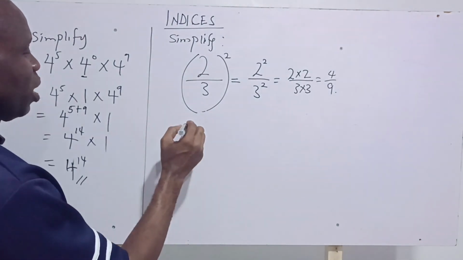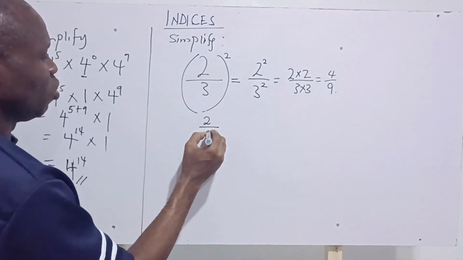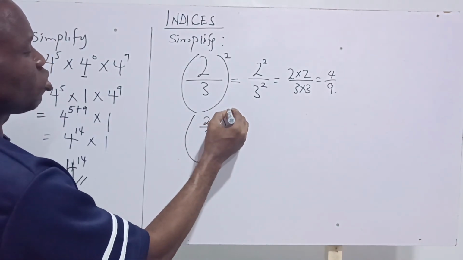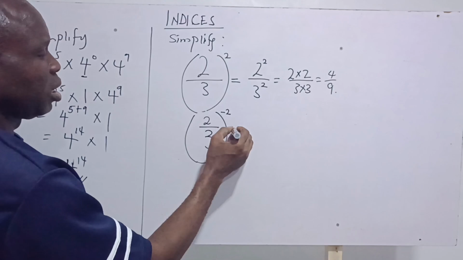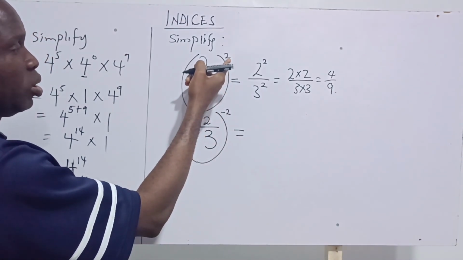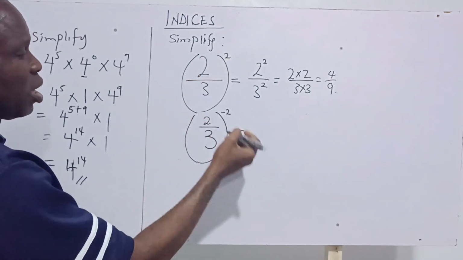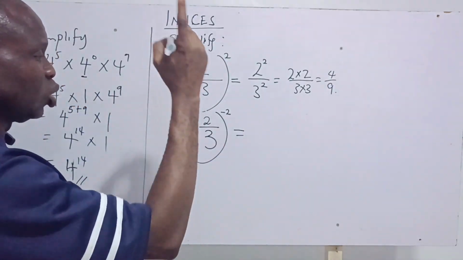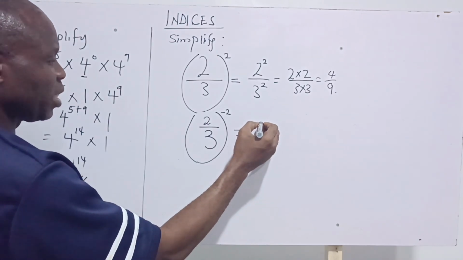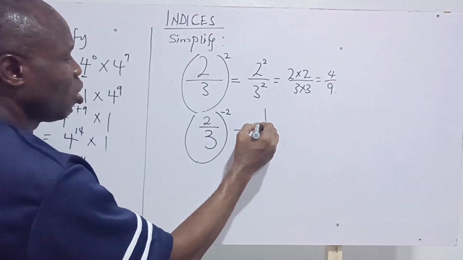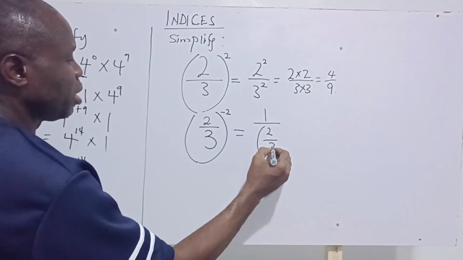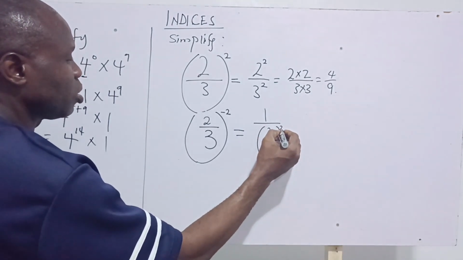And also, if you have 2 over 3 raised to power minus 2, let's look at this. This carries a negative 2, different from just the positive 2. You can express this in 2 ways. First, you can say 1 over 2 over 3 raised to power 2.